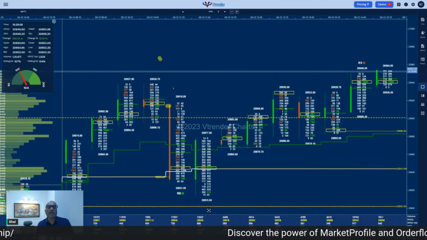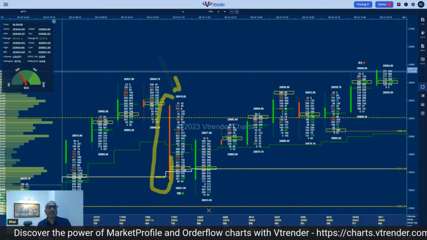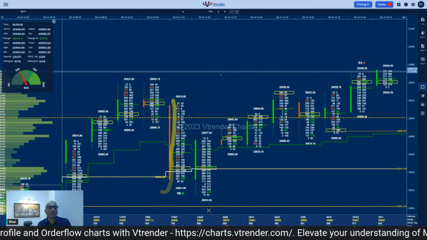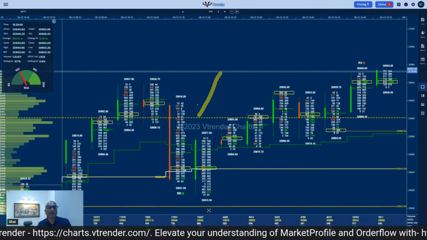But you will get an instant answer about why this particular candle is red in color. And it's got nothing to do with the open of the candle. It's got nothing to do with the close. It's got everything to do with the activity within the candle.